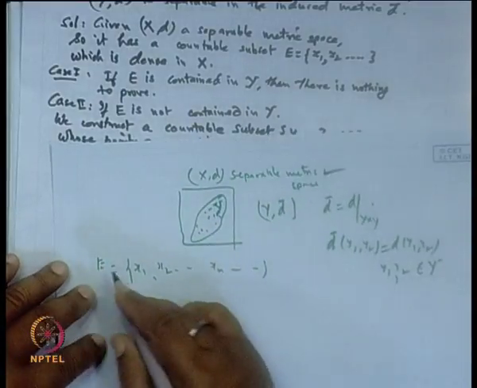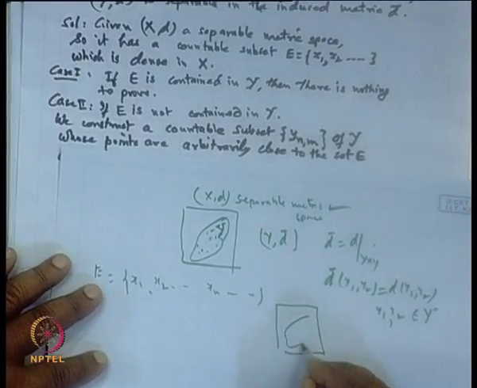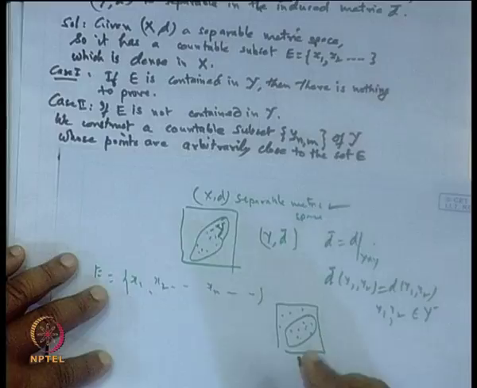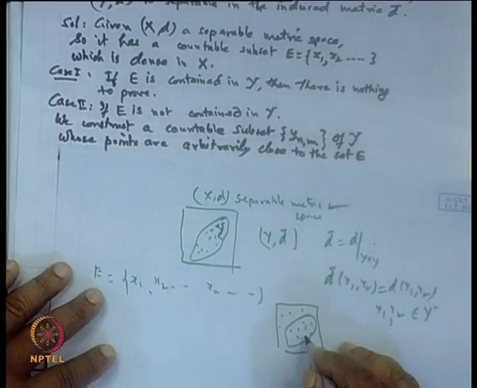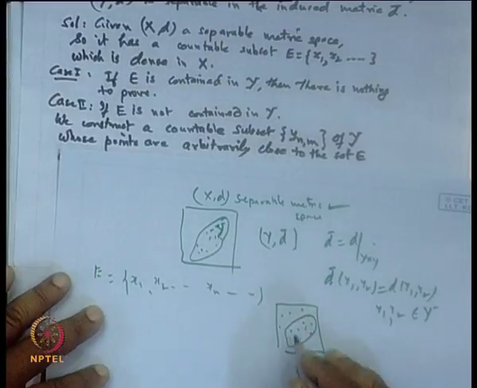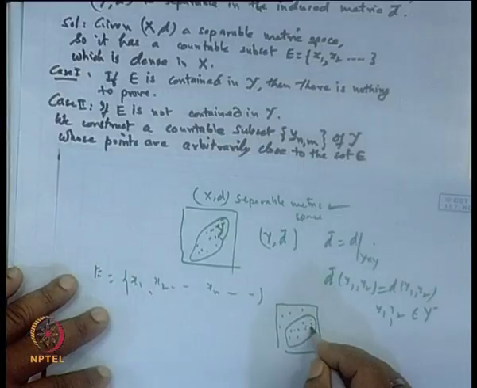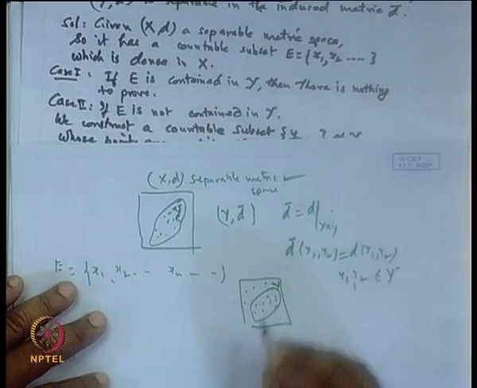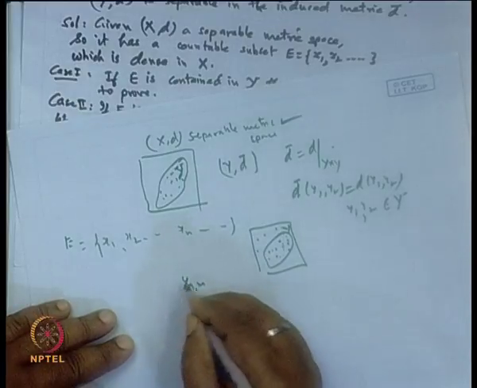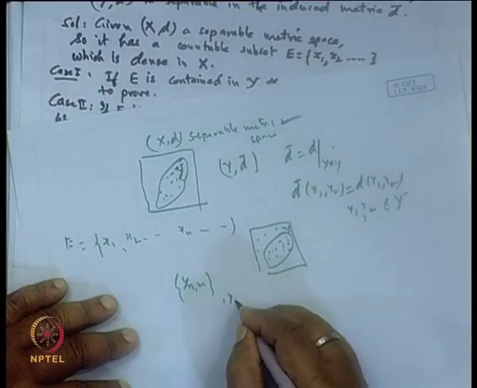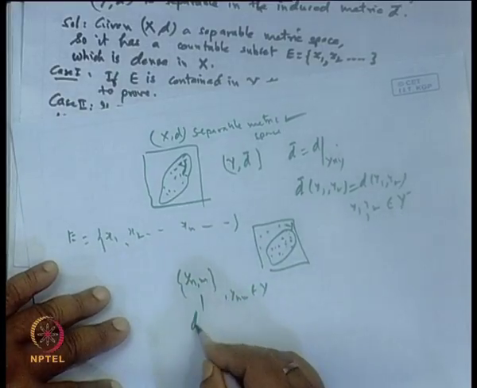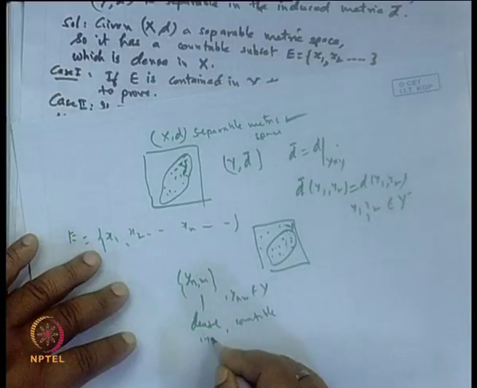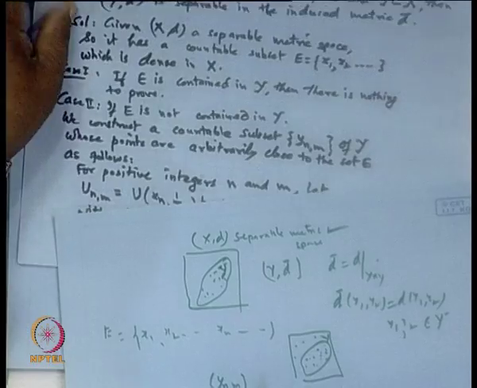But if the elements of E partly lie outside of Y, that is, some points are here, some are inside, then you cannot say that E can be treated as a countable dense subset of Y. So, what we have to do is find a sequence of points in Y which forms a dense subspace of Y. So, our aim is to find a sequence y_nm of elements of Y such that this is countable and dense in Y. Okay. So, that is how to get this one.